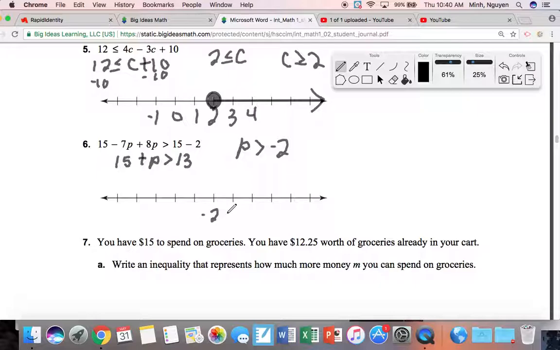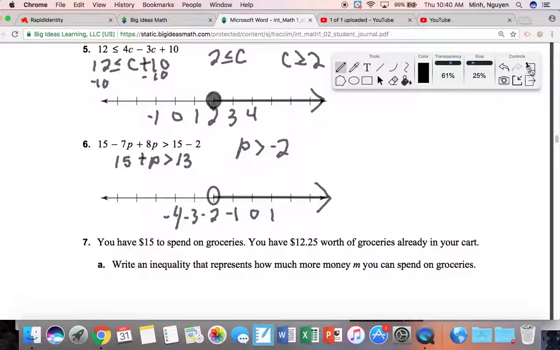Negative 4, negative 3, negative 2, negative 1, 0, 1. It's going to be an empty circle. Greater than means to the right. If you also think about it, negative 1 is greater than negative 2. 0 is greater than negative 2. 1 is greater, because all positive numbers are greater than all negative numbers.